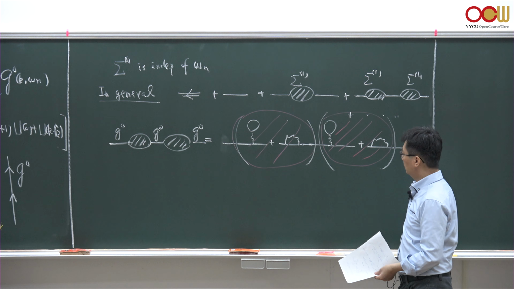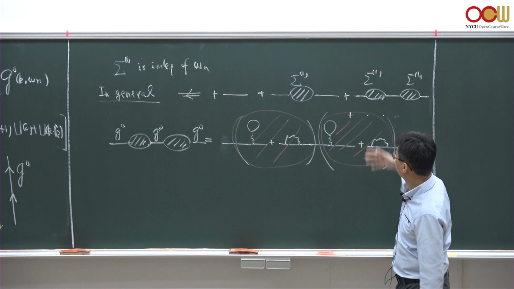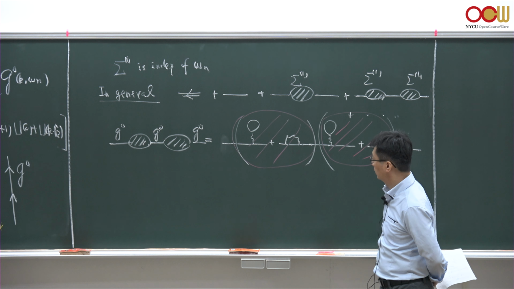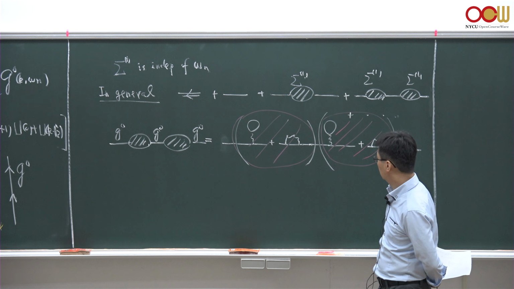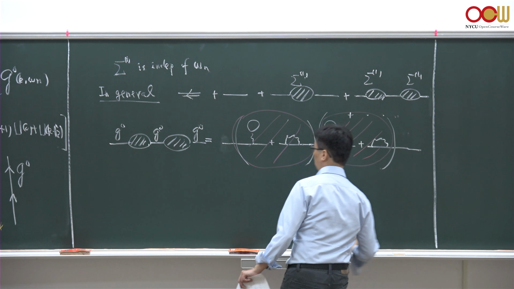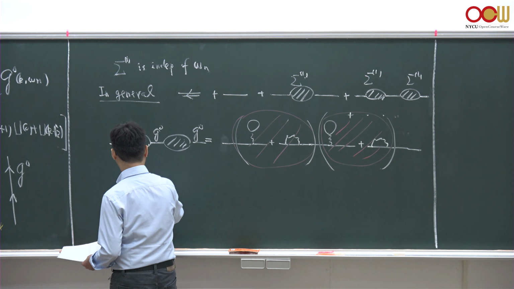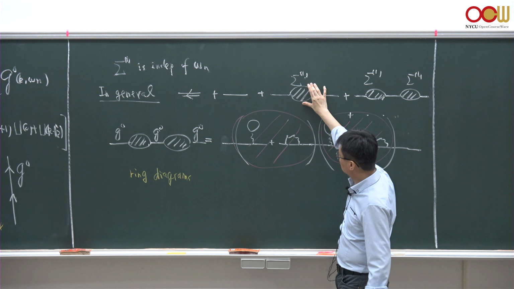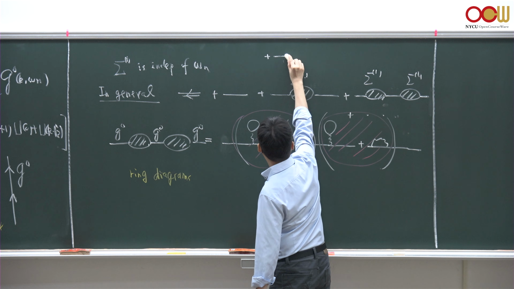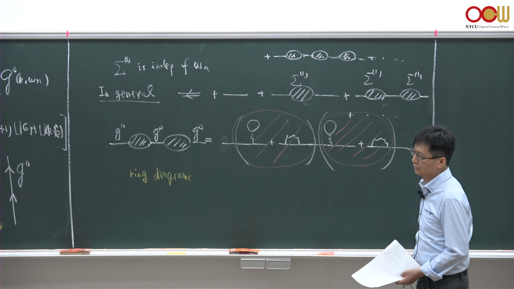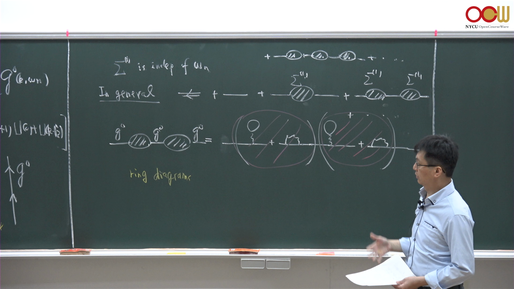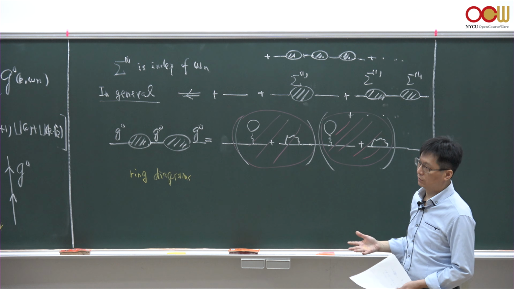There are many, many terms like this that could be constructed, and of course this is just a subset of all possible diagrams in the perturbative expansion. But if we only consider this so-called loop, ring, or bubble diagram, we could consider one bubble, plus two bubbles, also three bubbles, plus an infinite number of bubbles. This is what I call an approximated form to consider all-order diagrams.